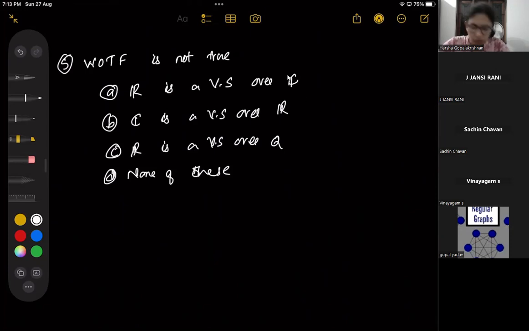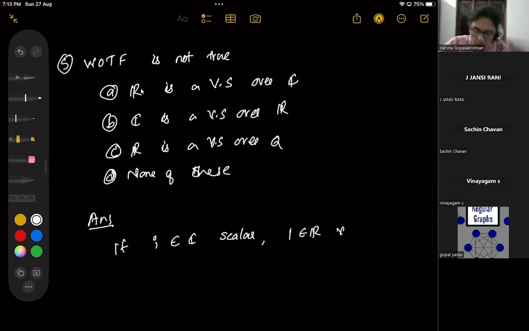Okay. So here if I belongs to C, this I is a scalar. And then I am taking 1 is an element in R. Here R is the vector space means this 1 I am taking is a vector.